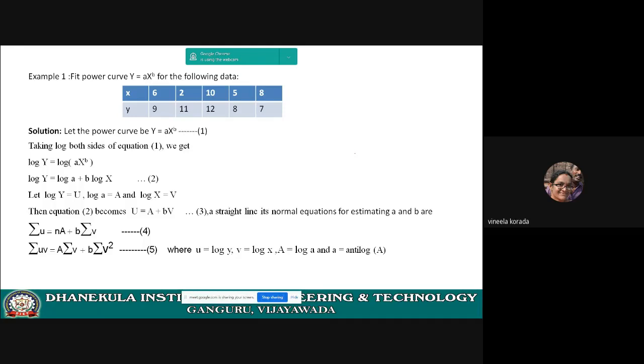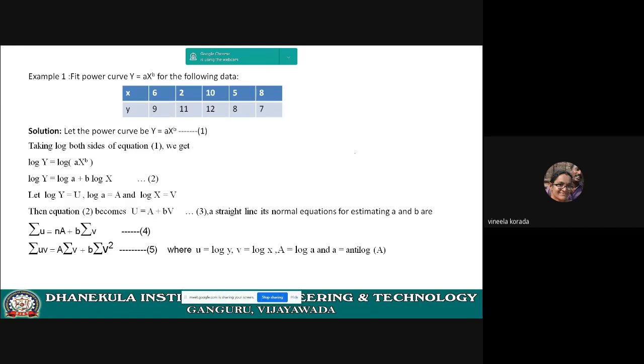And now let us see once again how the derivation is. So I applied log on both sides and simplified. So you have log y is log a plus b log x. You made the assumption the curve is of the form u is equal to a plus bv, which is a straight line. So the normal equations of the straight line are written here. What are the normal equations? Sigma u is na plus b sigma v.